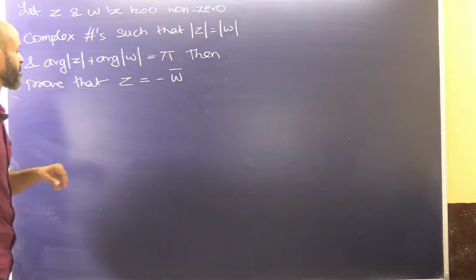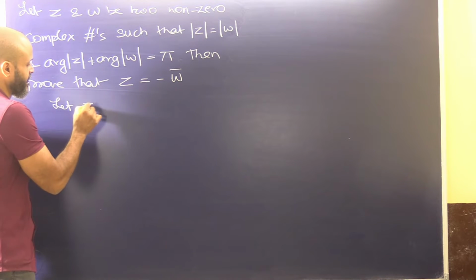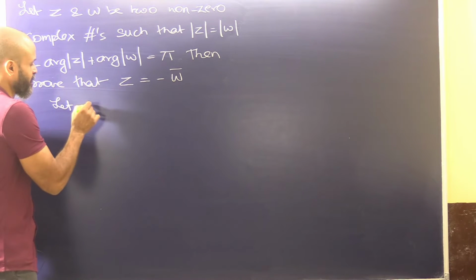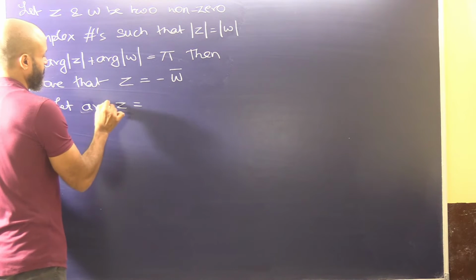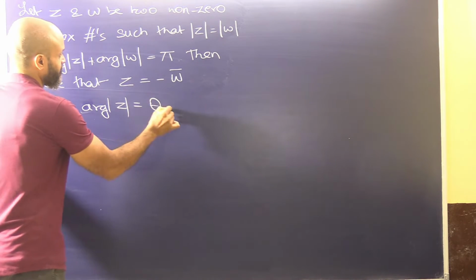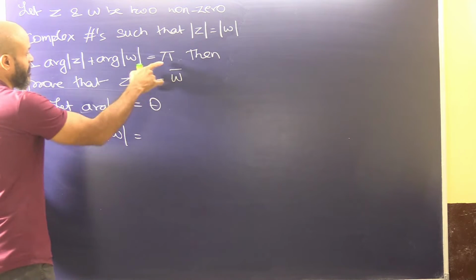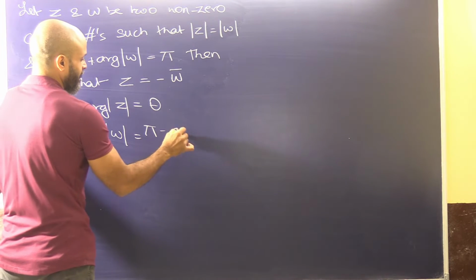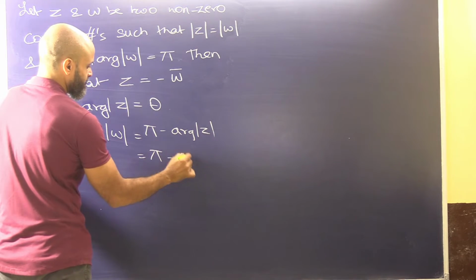Okay, all right. So let's say argument of z be theta. So obviously argument of w will be equal to pi minus argument of z, which will be pi minus theta.